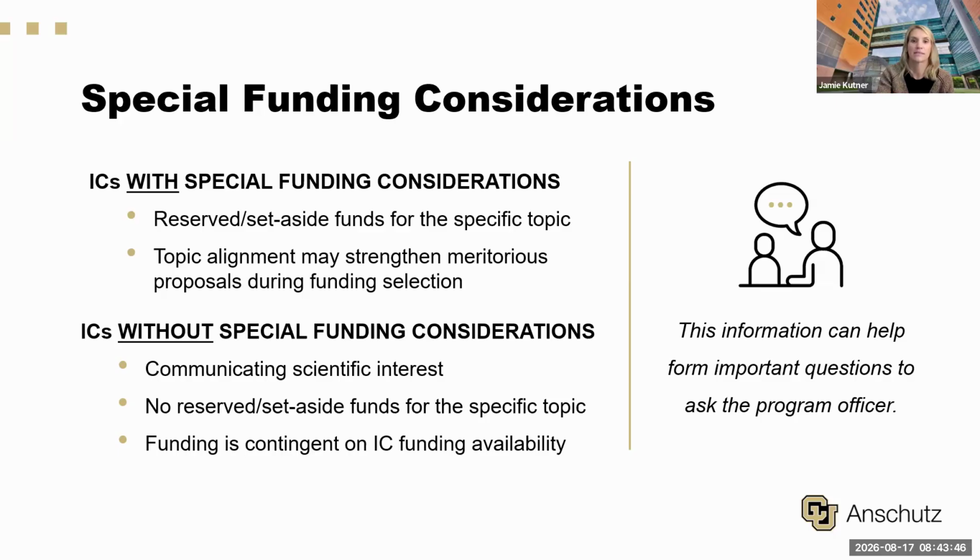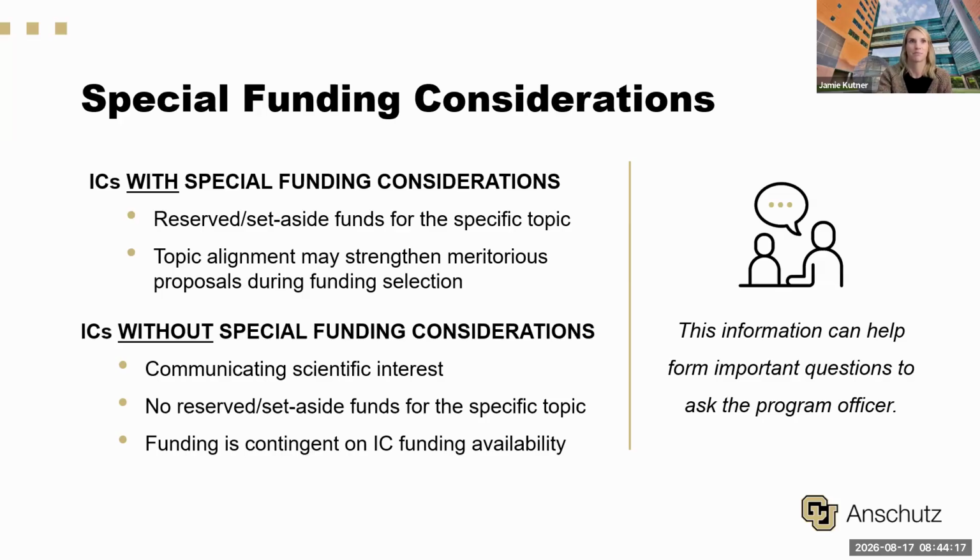For ICs that don't have that statement in their section, the highlighted topic is still communicating their areas of scientific interest. They may not have that designated set aside funding. They still may be funding in this area, but that's contingent upon their availability of funds, the number of their meritorious applications, and their other priorities across the IC's portfolio.